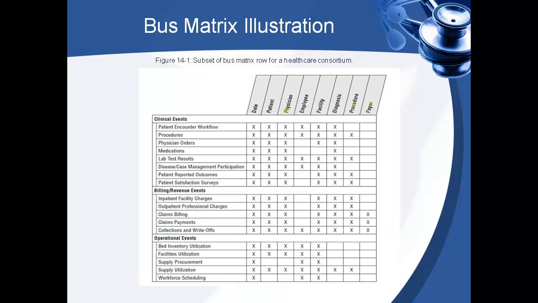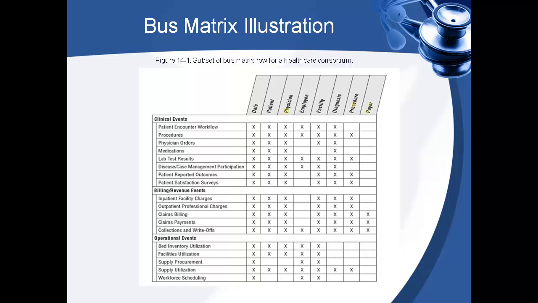By now, you are probably familiar with how Kimball's bus matrix provides a logical vision of how the business processes and events will interact with the proposed dimensions. This model breaks down several activities and actions along the left-hand side. These include clinical events, such as physician orders and lab test results, billing and revenue events, such as claims billing, claims payments, and operational events, such as bed inventory utilization or facilities utilization.